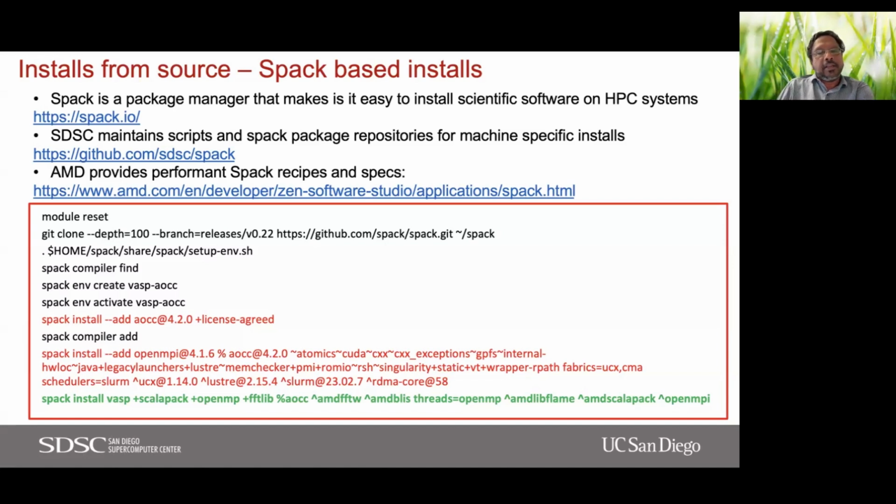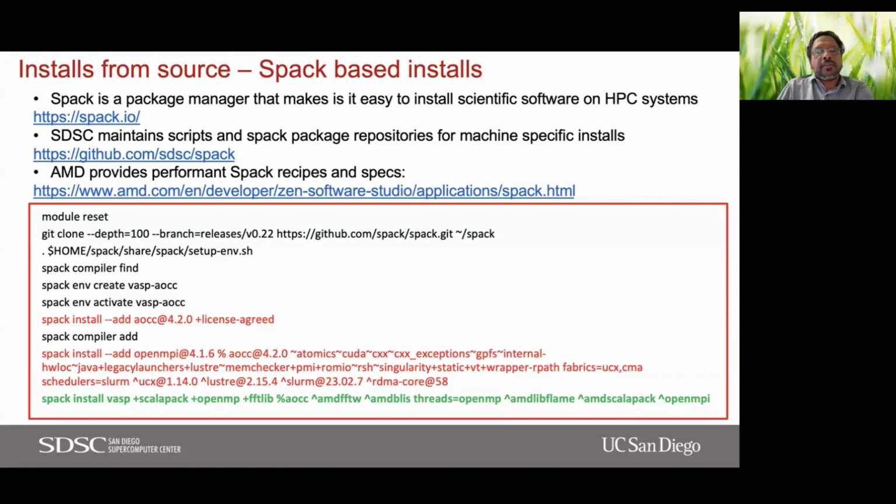This is all fine. One thing to keep in mind is when we are doing the OpenMPI install, we are actually using some of the system locations for the Lustre and for Slurm and RDMA packages and so on.